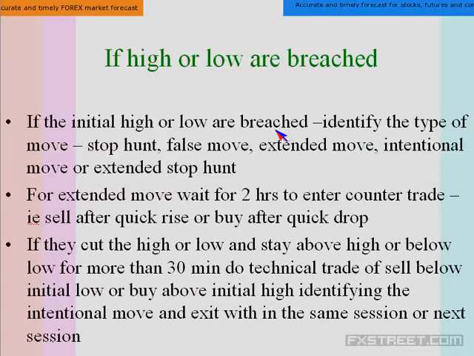Now, in the event they breach the high or the low, you have to identify what sort of moves they are doing. I explained in my trading system the type of moves the players make on a daily basis, namely the stop moves during session start and session close time, where they make an upward or a downward stop and false move, and they do it during the gap time.